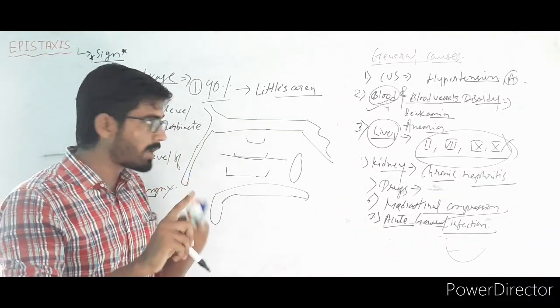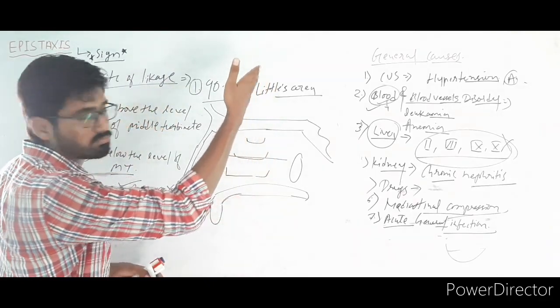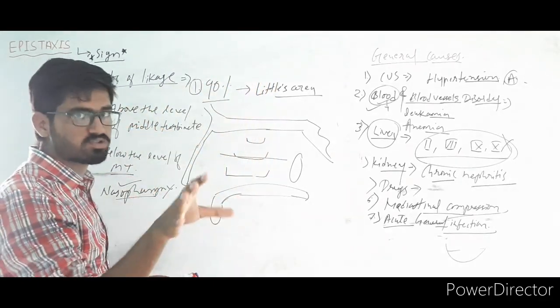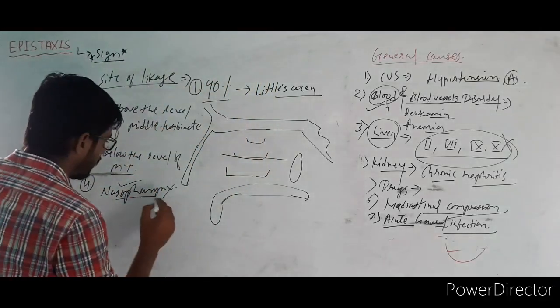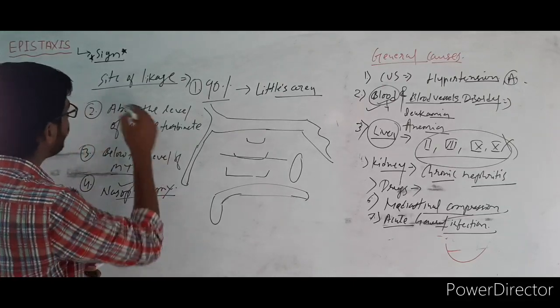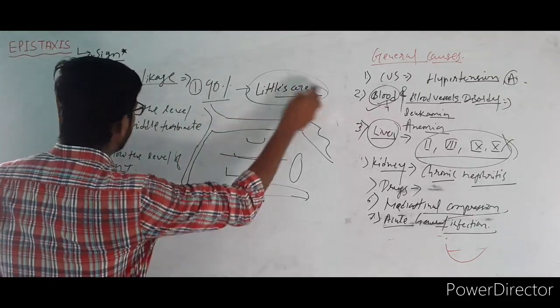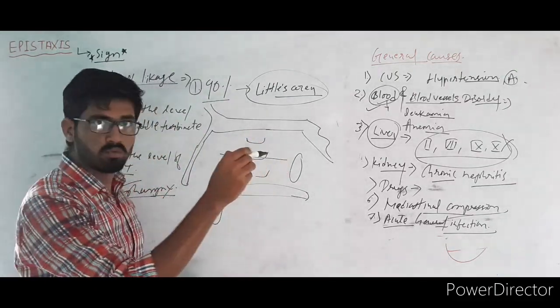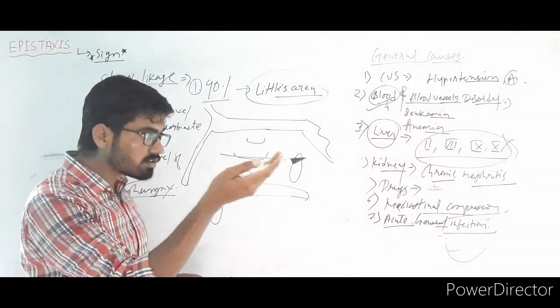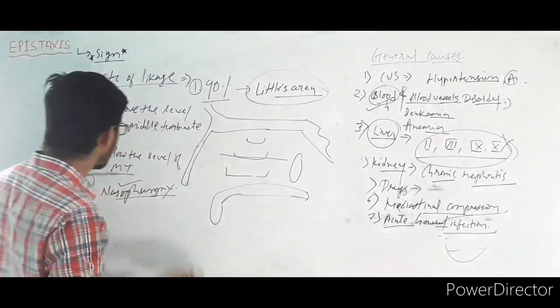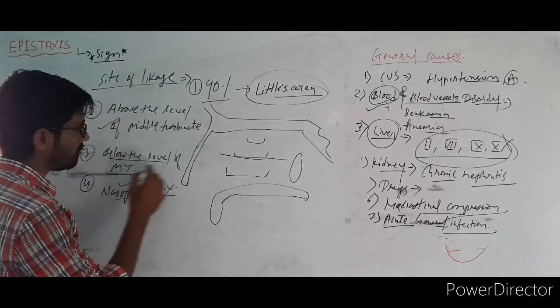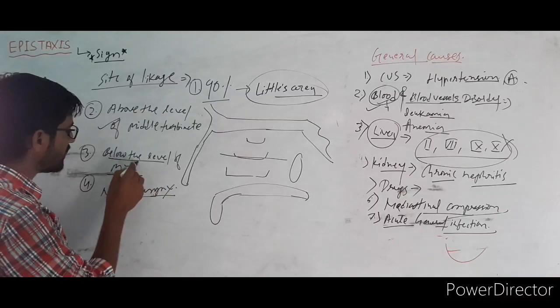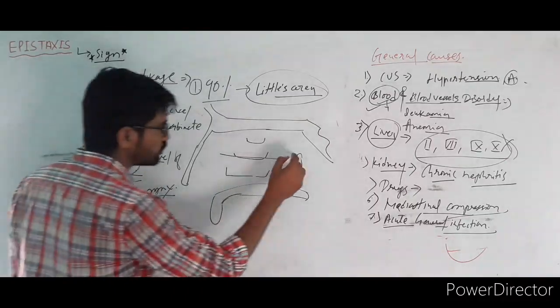What is happening in anterior epistaxis? I will tell you the difference. So these are all the sites. In 90% of cases it is Little's area, above the level of the middle turbinate. From here the bleeding is from the ethmoidal artery, the anterior and posterior ethmoidal artery, right? Below the level of the middle turbinate, the nasopharynx, and the posterior nasal cavity.